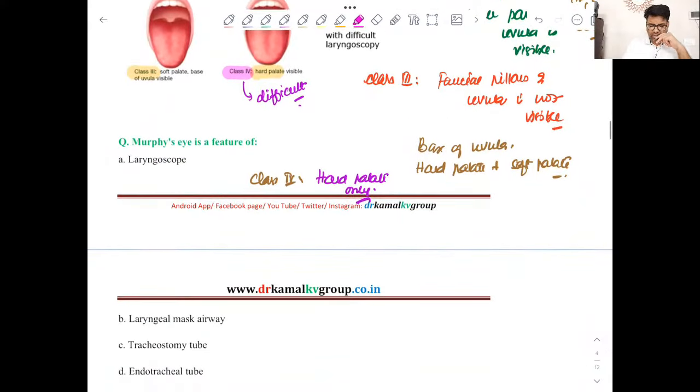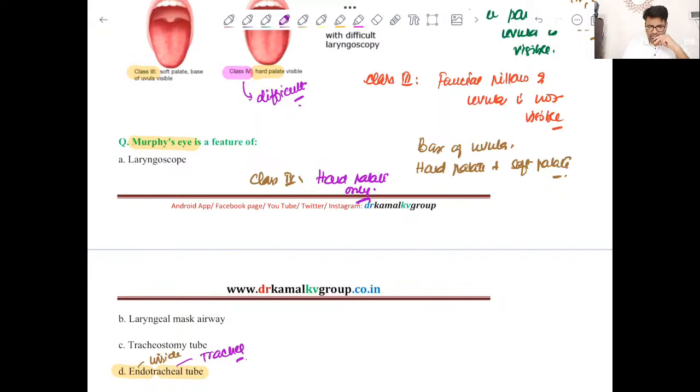Now there is one question about Murphy's eye. Any idea where we find this Murphy's eye? Wonderful, Shanawaz, wonderful. Yes, we see it in the endotracheal tube, right? So endo means inside, tracheal is of course trachea.